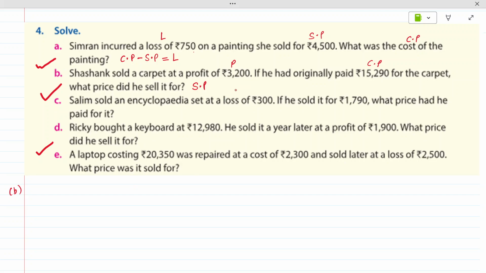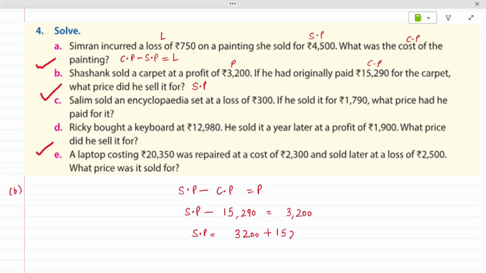So which formula we are going to use? Here the profit formula. In the case of profit, we have SP minus CP is equal to profit. SP we have to find out. CP is given to us as 15,290 and profit is given to us as 3,200. And now what we have to do, simple mathematics. SP is equal to 3,200 will be here as is. This minus will become plus as we will move it to the right hand side.